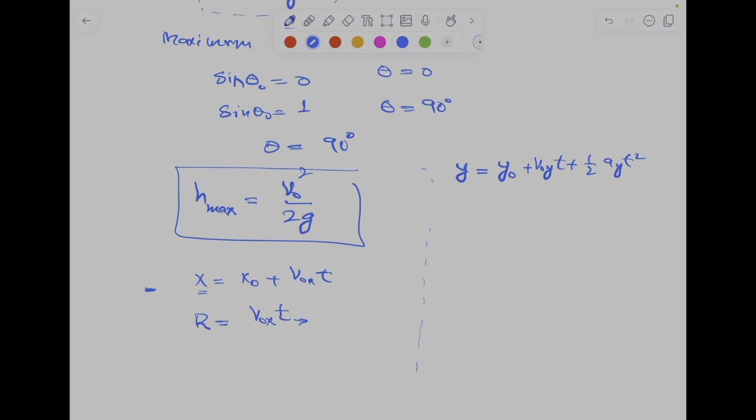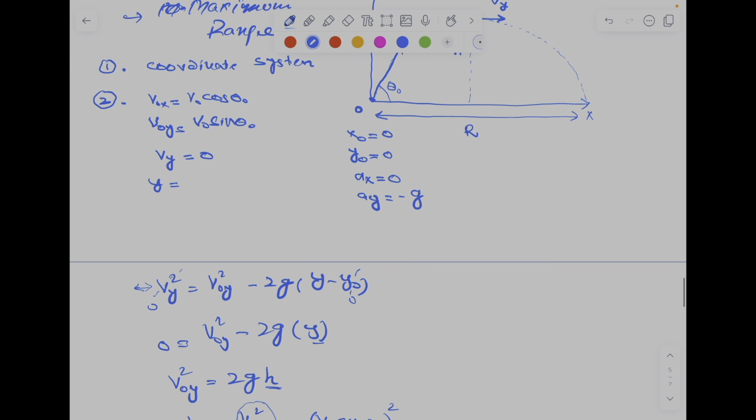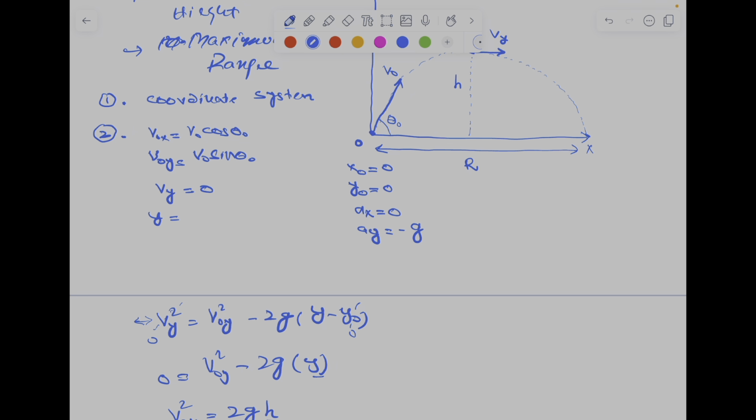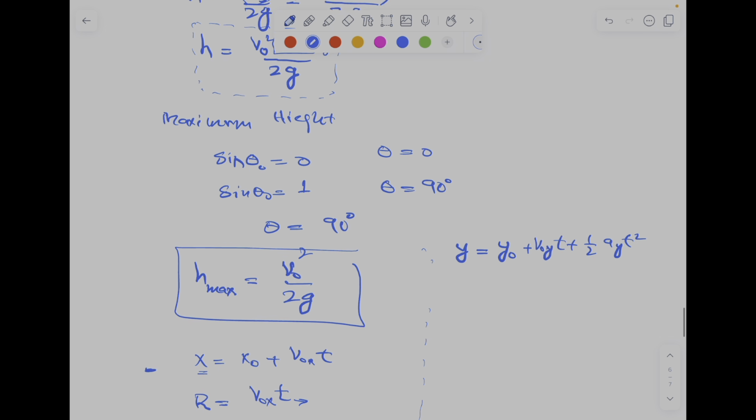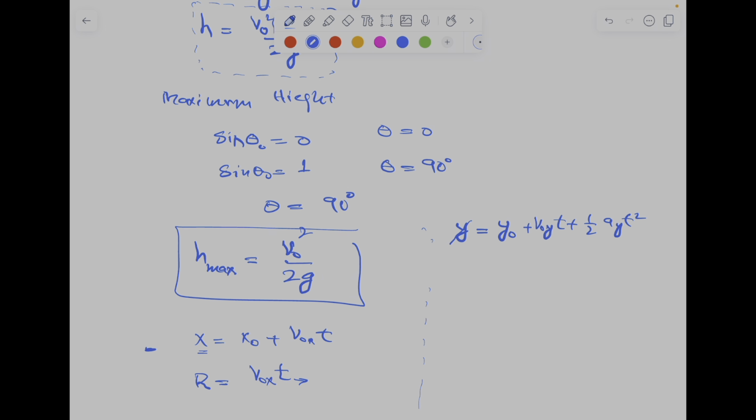Okay, so when we reach that point, its velocity along y goes to 0. This y goes to 0, this y naught is 0, your velocity along y goes to 0 at that point, because the x velocity will not go to 0.